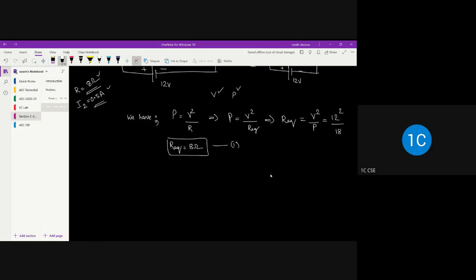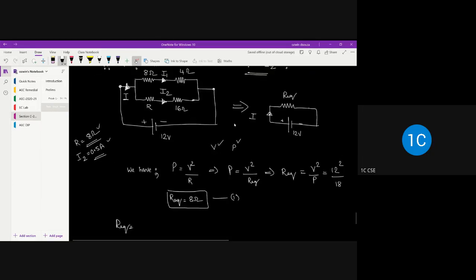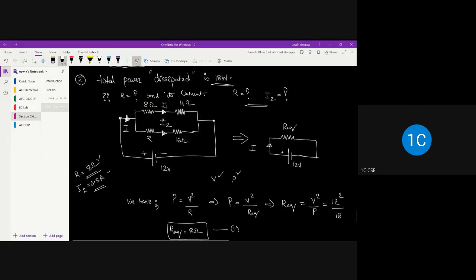Fine. So R equivalent, you have got it as 8 ohm. Now what is R equivalent? R equivalent consists of two branches, right? Branch 1 consists of 8 ohm connected in series with 4 ohm. Branch 2 has R ohm connected in series with 16 ohm.